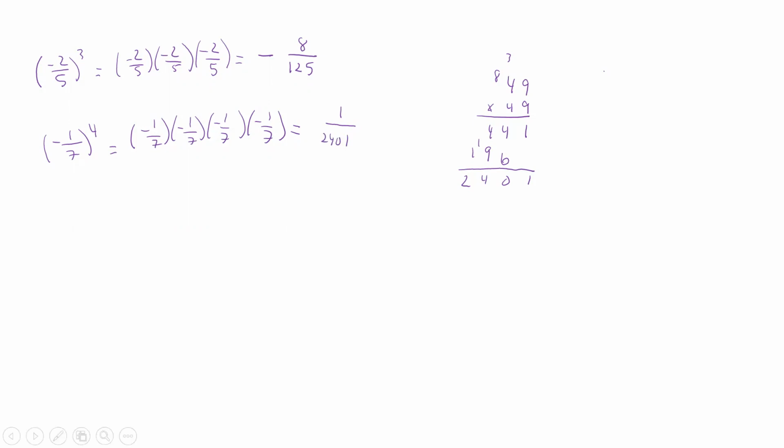All right, so now what we're going to do is try some more of the ones where we had to do plugging in and doing order of operations. So maybe we have 3 times a negative 1 over 3 raised to the power 2 minus 2 times negative 1 over 3.